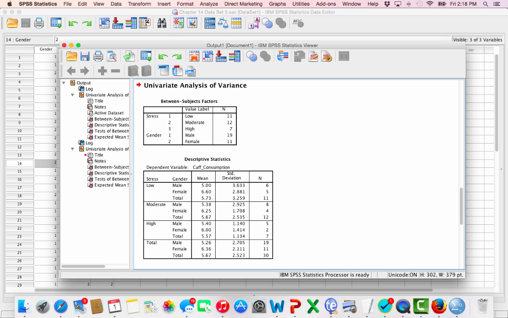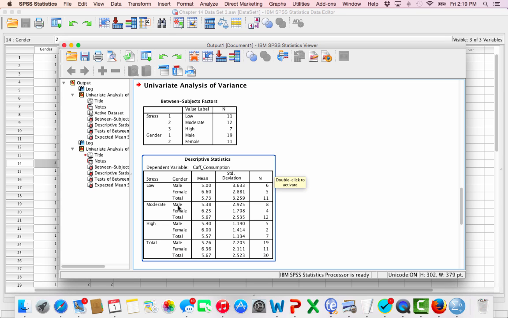Once SPSS has run the calculations, we have a summary table that just outlines how many people fell into each category. This is our descriptive statistics, or it gives us the mean for males who reported low stress and females, as well as overall.